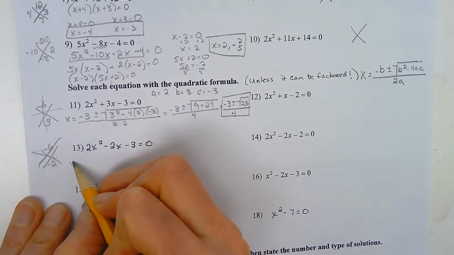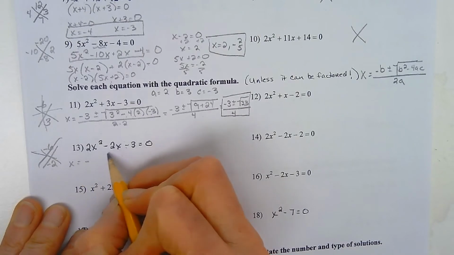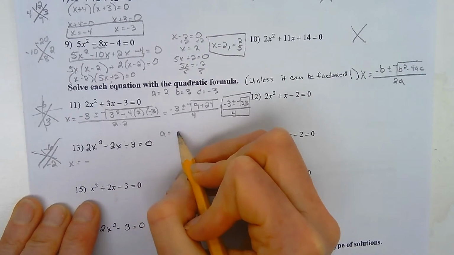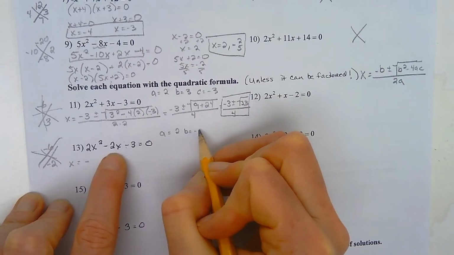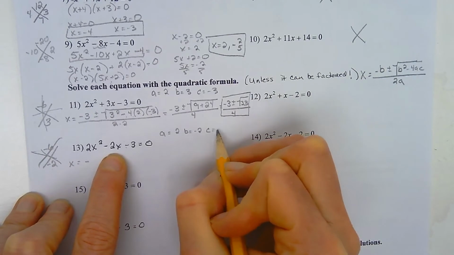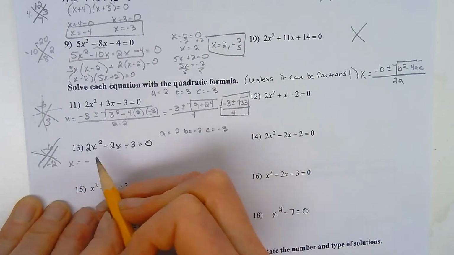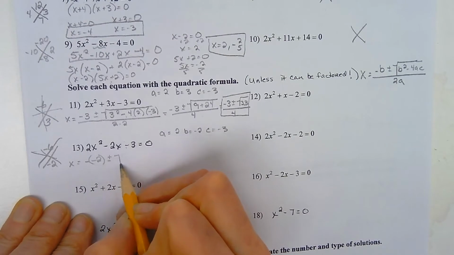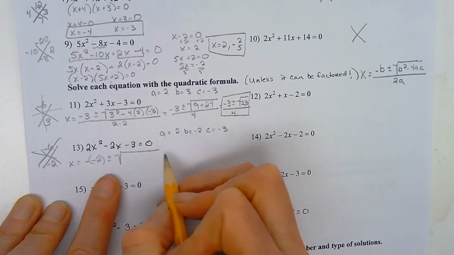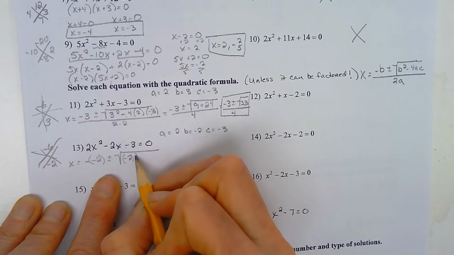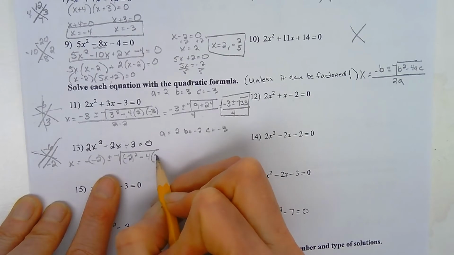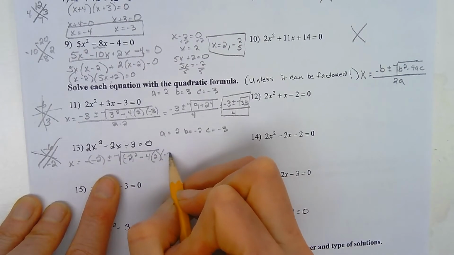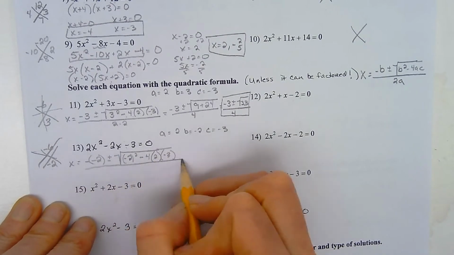So x equals the opposite of b, well here, a equals 2, b equals negative 2, c equals negative 3. So the opposite of b is the opposite of negative 2, plus or minus the square root of b squared, which is negative 2 squared, minus 4 times a, which is 2, and c, which is negative 3, all over 2 times 2.